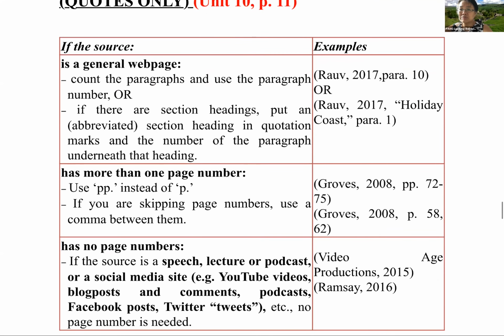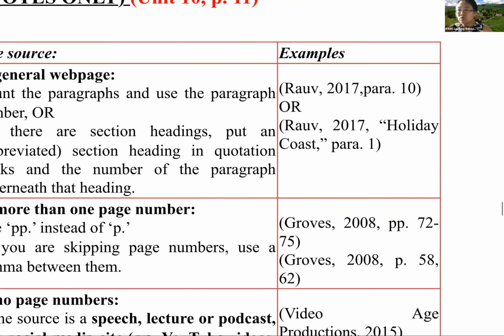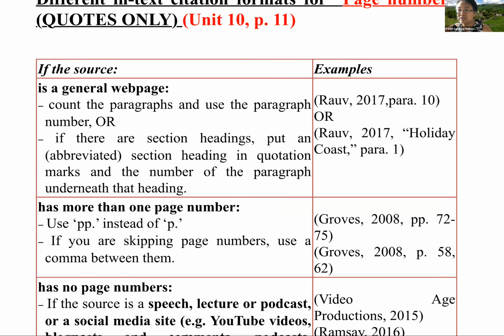So for example, sometimes if you look at a web page, they don't have the page number, then what happens? Now, if they don't have the page numbers, you often see we use PARA, which means paragraph, all right? So paragraph number. Or sometimes if there are section headings, like the subheadings of an article, you could use an abbreviated form, just the first 2 words of the subheading.